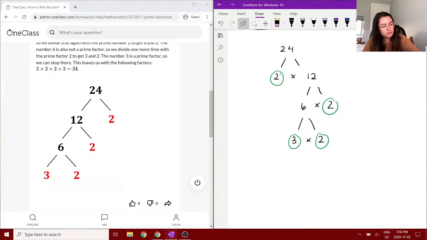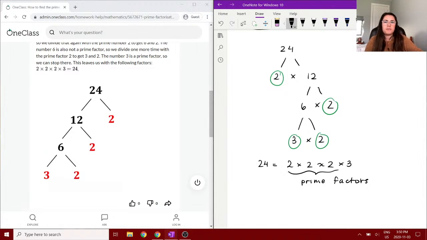And that shows you that 24 by its prime factors is 2 times 2 times 2 times 3. So these can all be called prime factors, and this is prime factorization.